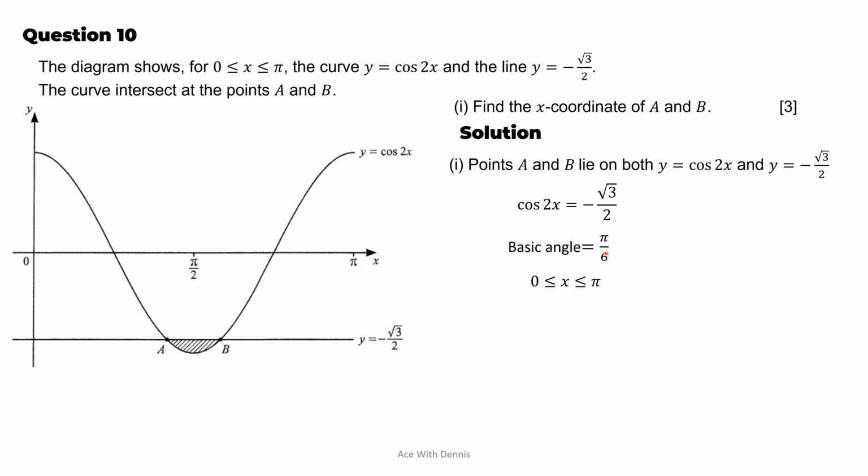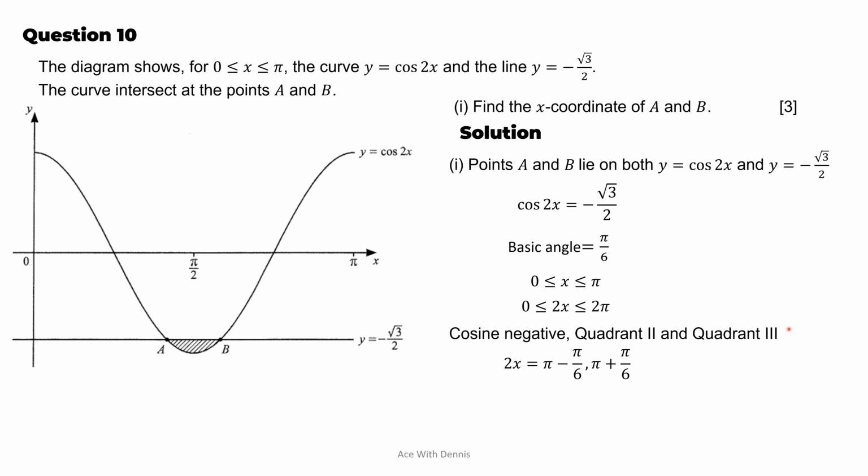Given that the range of x is from 0 to pi, and the angle in this equation is 2x, the range of 2x will be 0 to 2 pi. Cosine here is negative, therefore the points will be in quadrant 2 and quadrant 3. Hence, 2x equals pi minus pi/6 and pi plus pi/6.